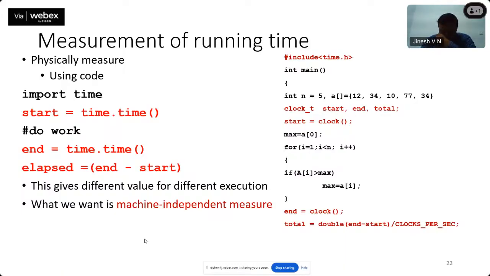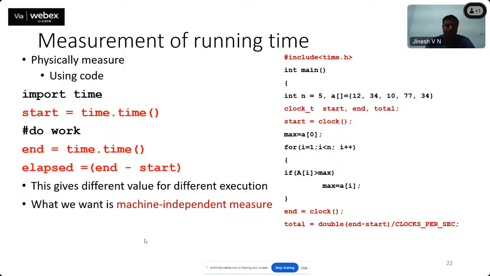So whenever we have an algorithm, for analysis purposes we will use this idea: the number of instructions to be executed to complete the task. That will be our main task.